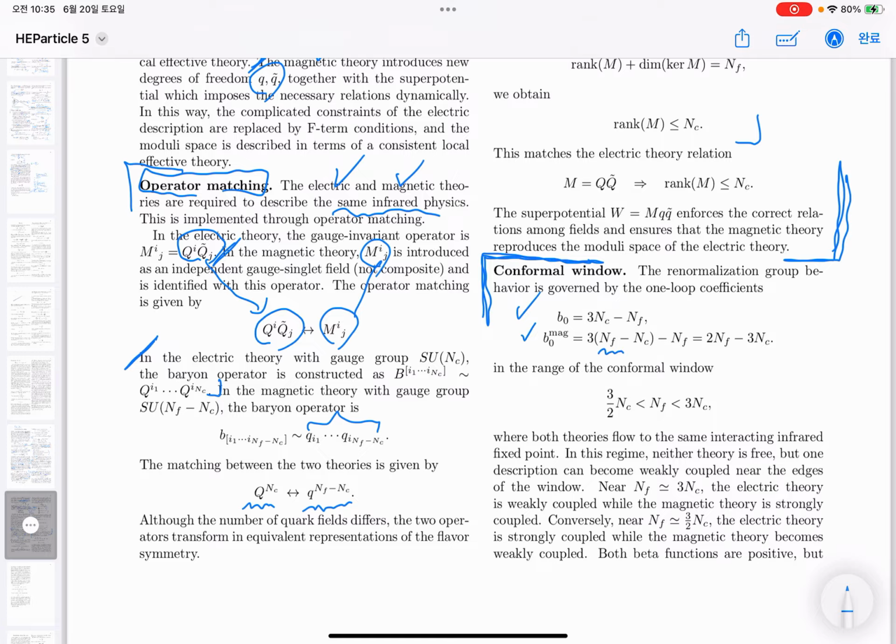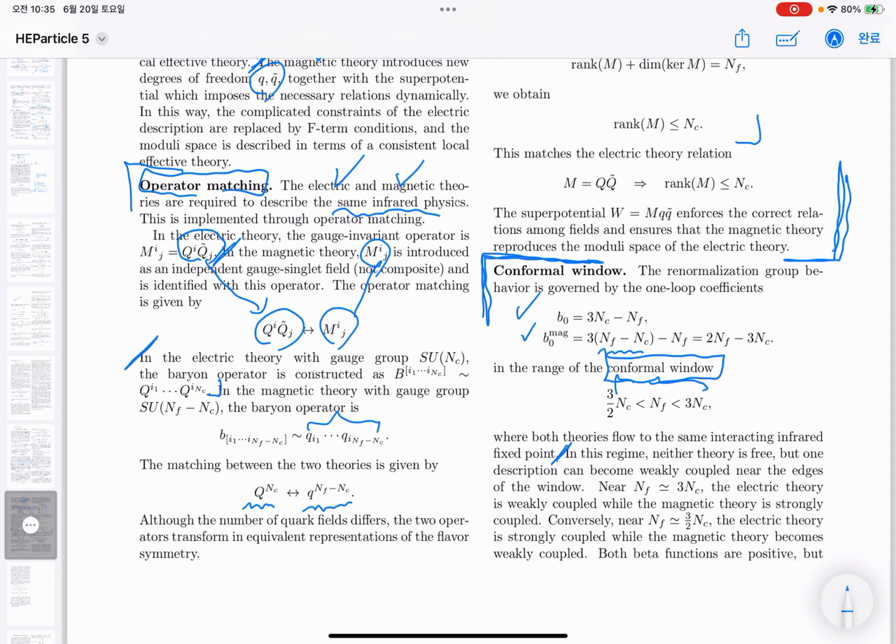And now the N_C is replaced by N_F minus N_C. And within the following inequality, which is called the conformal window, both theories have the same flow to the IR fixed point.